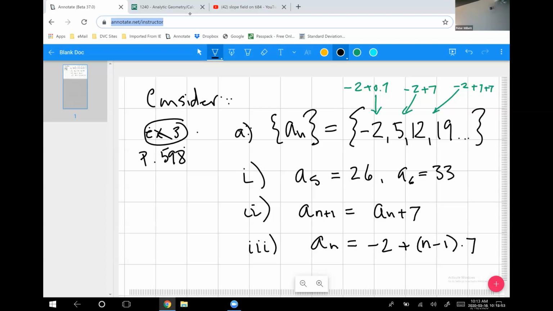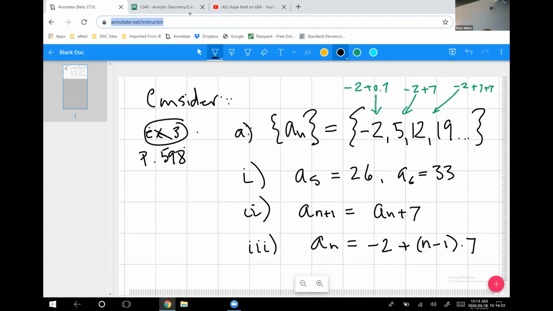So if I was in the 4th position, I would add 3 times 7, because I would have added 7 3 times. And more importantly, if I want to predict down the line and say what the 50th position would be, I would take -2 and add 49 sevens by multiplying 7 by 49 and adding that. Again, this is all on page 598 for those who are trying to follow along with the book.